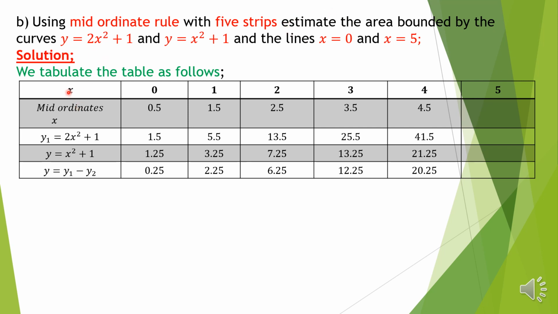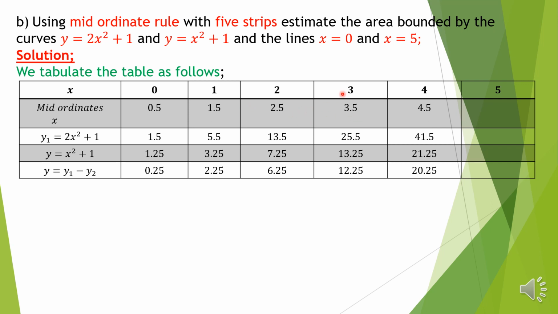Now I'll first of all tabulate those values of x and then come to the second one to get the mid-heights, or the mid-ordinates. For this one, between 0 and 1, it's 0.5, that is the mid. Between 1 and 2, the mid is 1.5. Between 2 and 3 is 2.5.